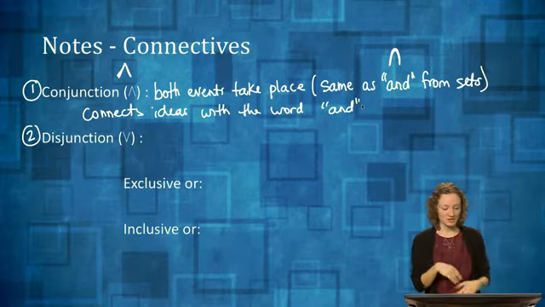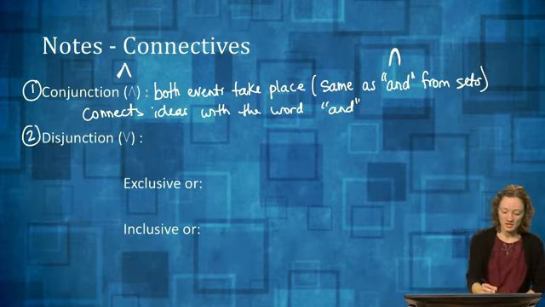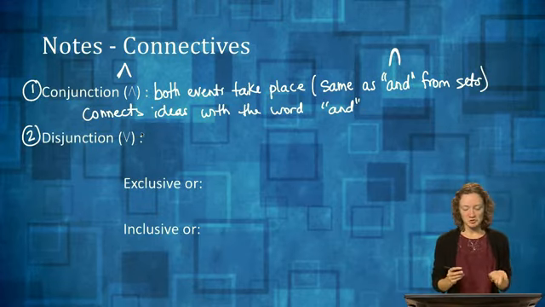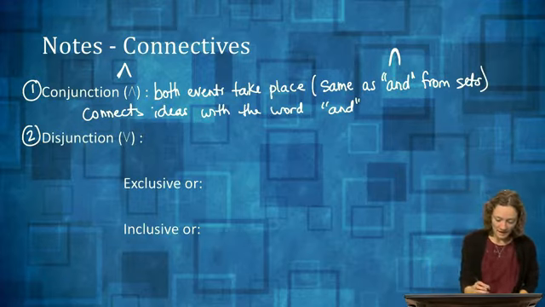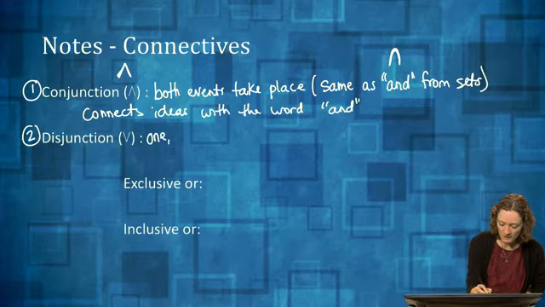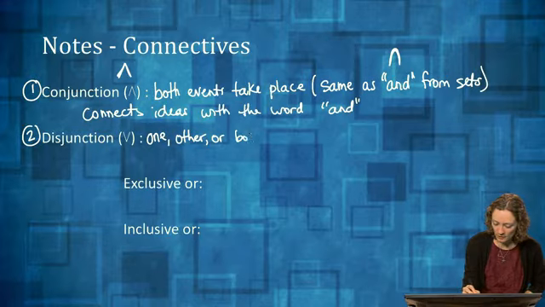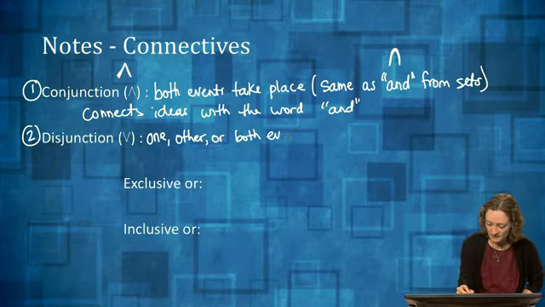Okay, then we have a disjunction. The symbol for a disjunction is a V, just a standard V pretty much. And a disjunction means one, the other, or both events take place.